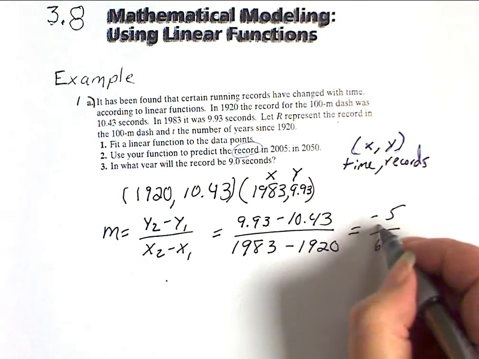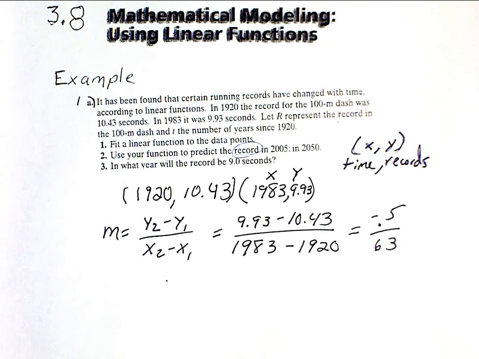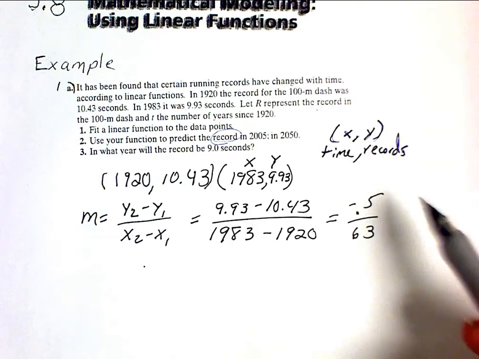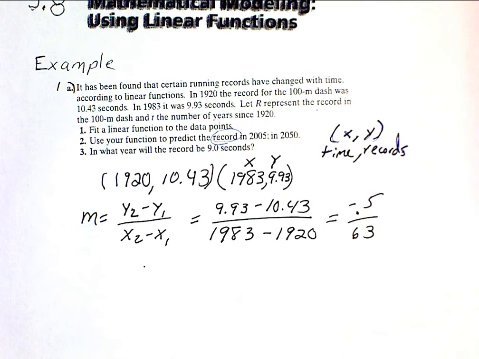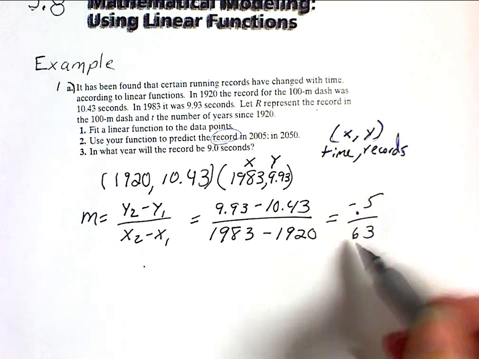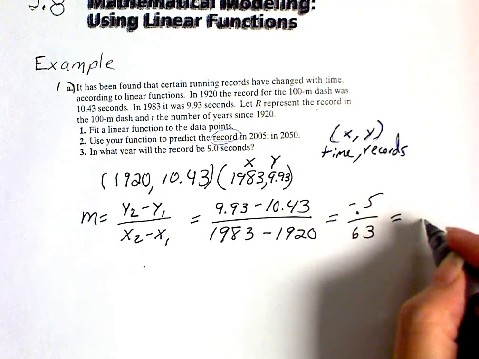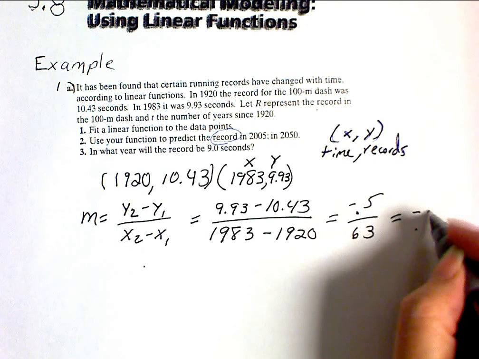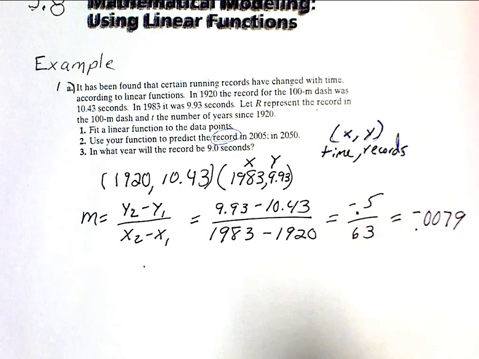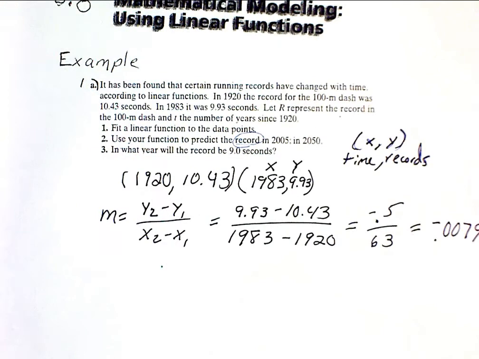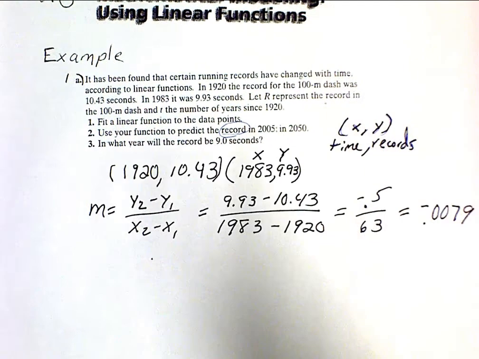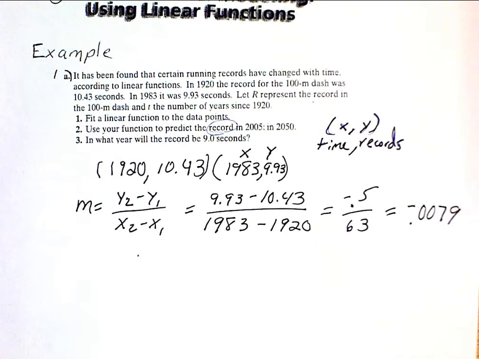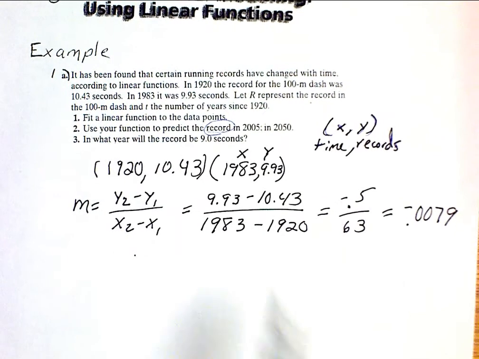Because we have a decimal in our fraction, we have to do it more, because you can't leave a decimal in a fraction. So you have to divide that out. So you hopefully get negative 0.0079. All right, so now we have our slope.